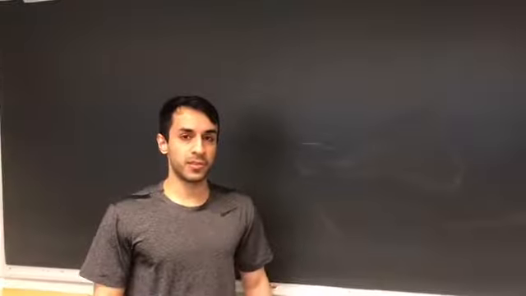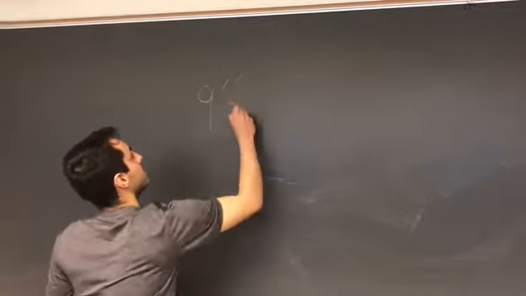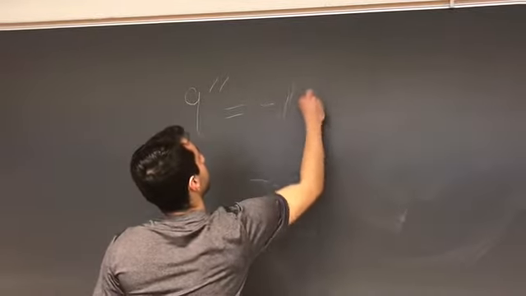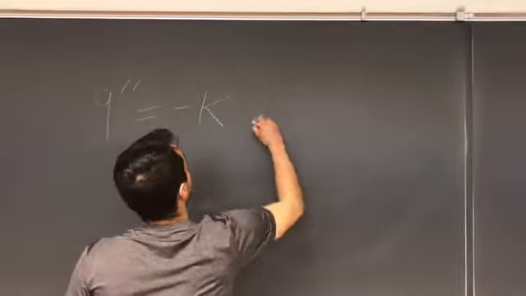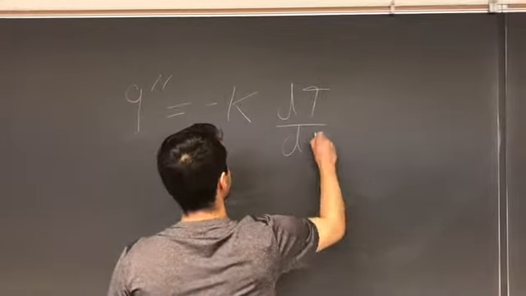To find the heat flux through a pan, we can just use Fourier's law, which states that the heat flux is equal to the negative thermal conductivity multiplied by the temperature gradient divided by the distance or thickness.